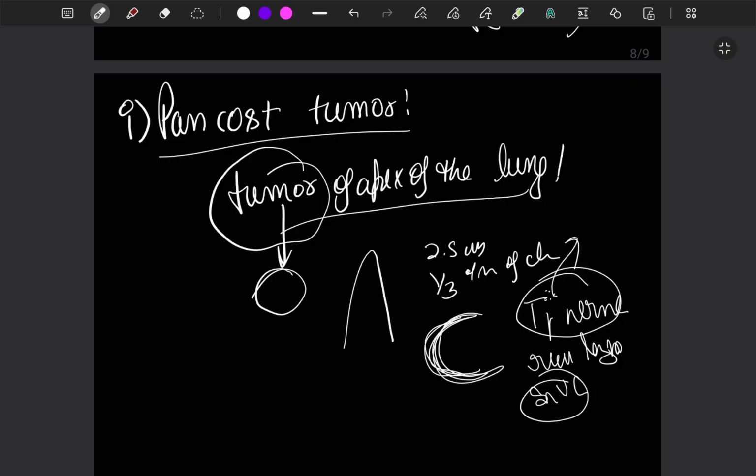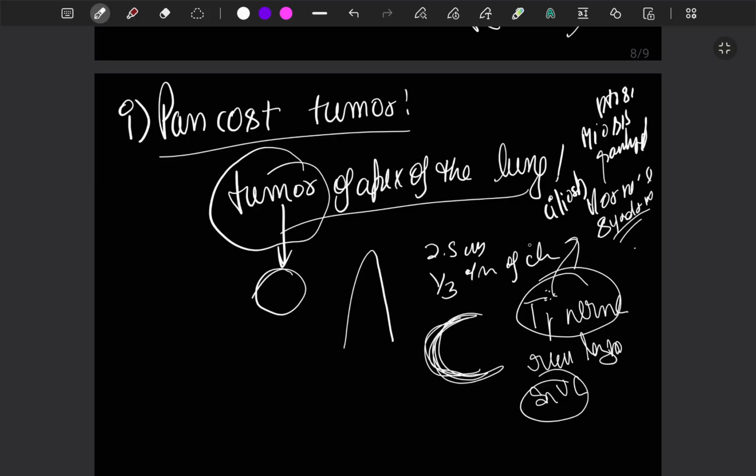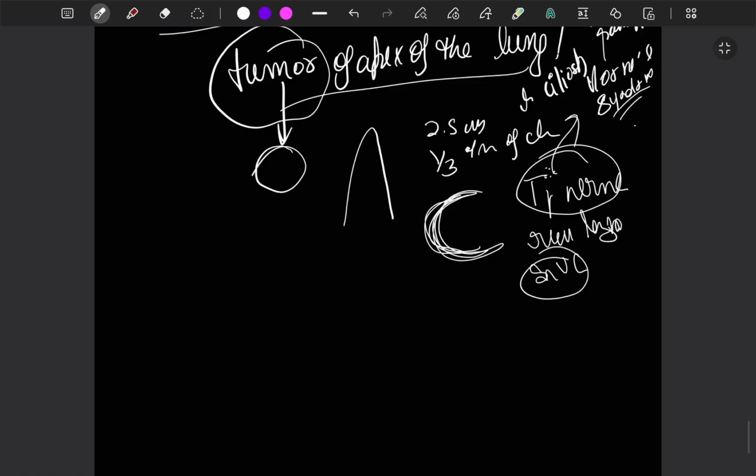Now when there is compression of the T1 nerve, it leads to Horner's syndrome. We know what Horner's syndrome is, right? Miosis, ptosis, anhidrosis, then loss of ciliospinal reflex. So this was the Pancoast tumor when T1 is compressed.